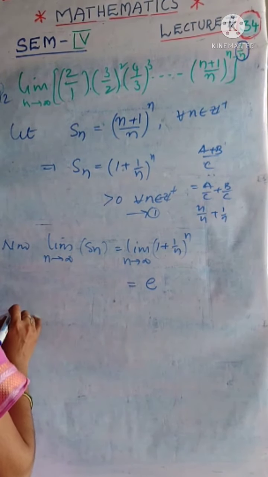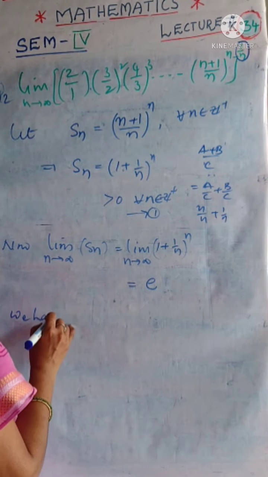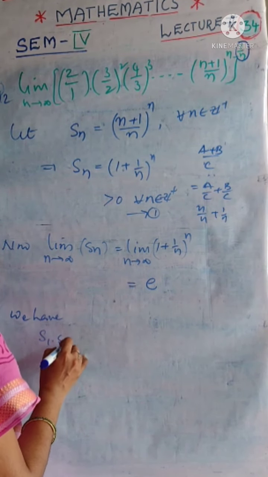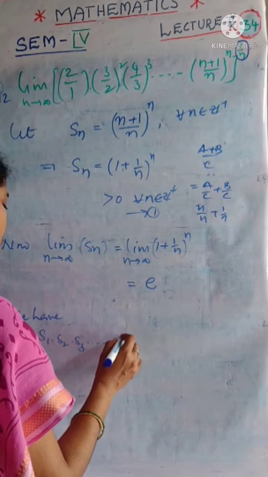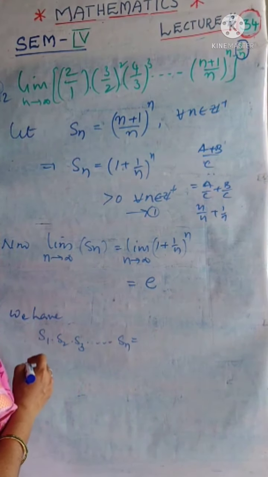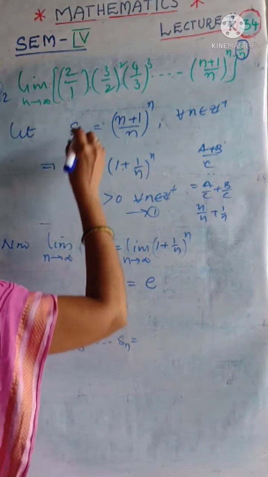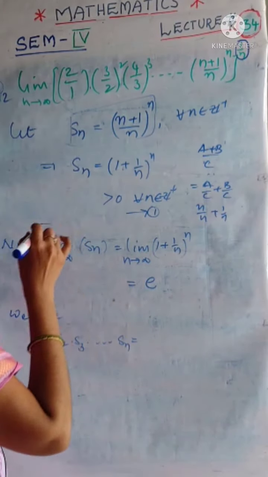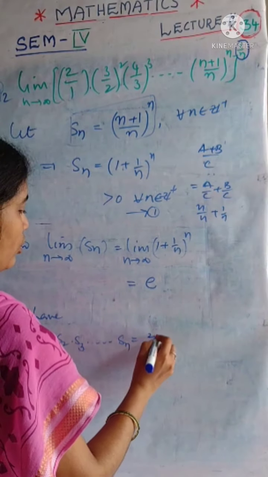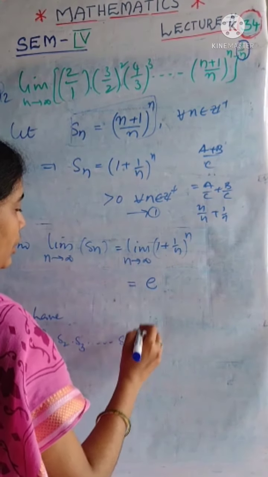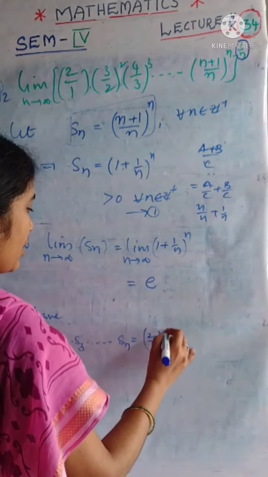Therefore, also we have S1 dot S2 dot S3 dot and so on Sn. S1 is obtained by replacing n by 1 in the nth term of the sequence. What is that value? 1 plus 1, that is 2 by 1, to the power of 1. This is the first term.